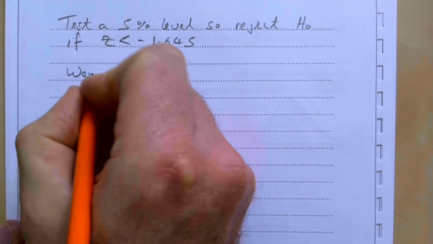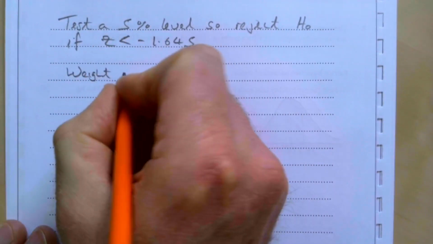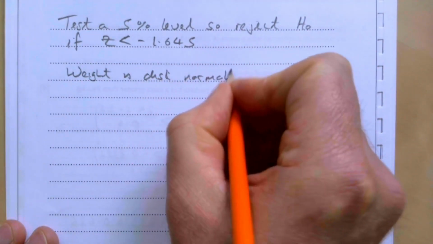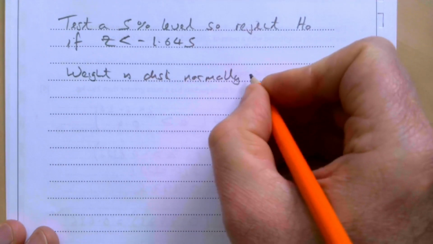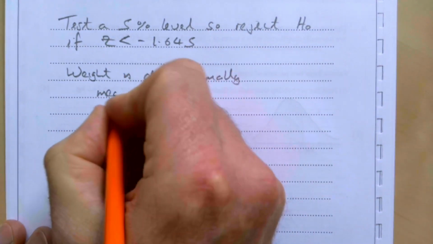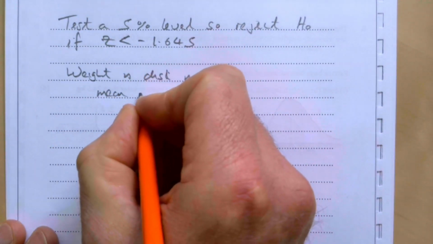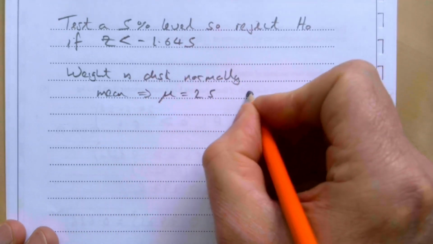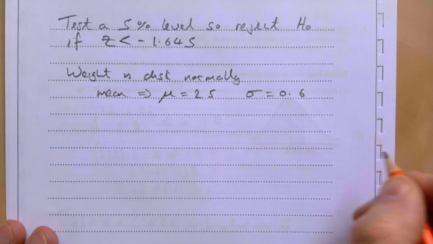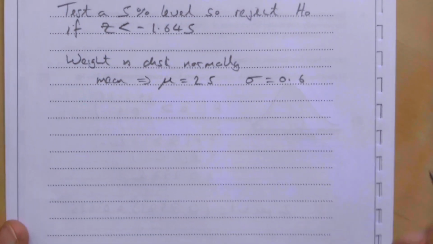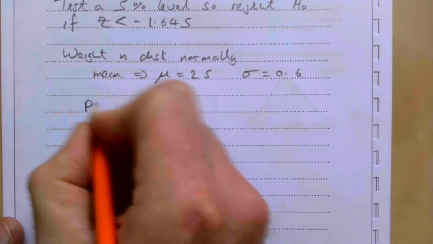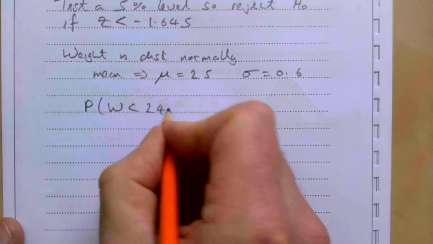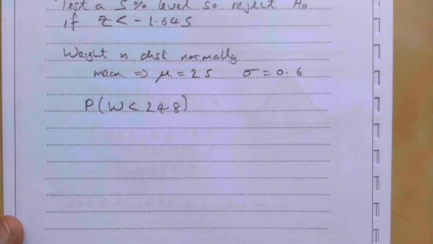Our weight is distributed normally, and my mean, which is mu, is 25, and my standard deviation is 0.6, and we're going to try and find the probability that the weight is less than 24.8.